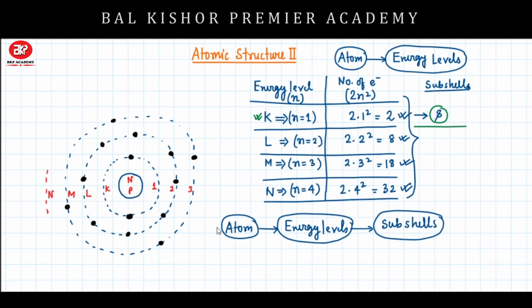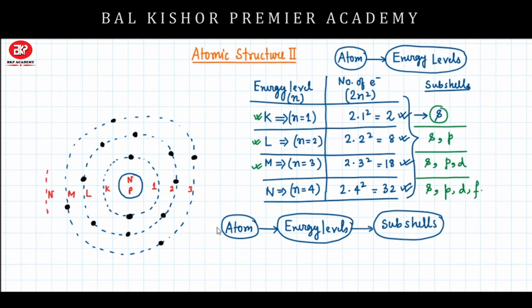Similarly, in the L energy level, there will be two subcells, S and P. In the M energy level, we will have three subcells, S, P and D. And in the N energy level, there will be four subcells, S, P, D and F.